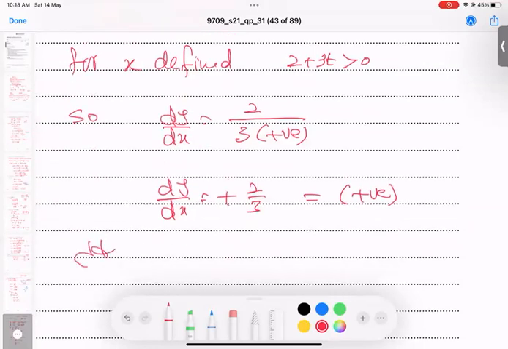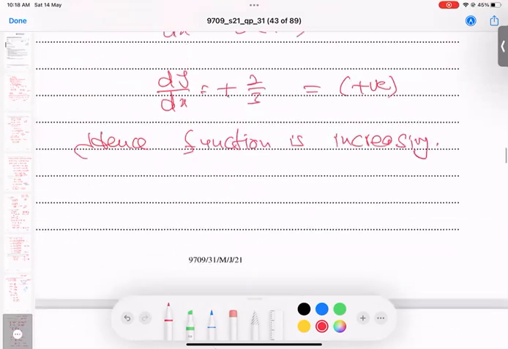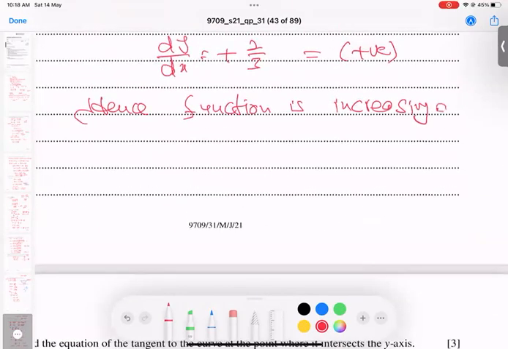Hence the function is increasing. I hope you got the idea, otherwise the question is not possible. So the function is increasing always.